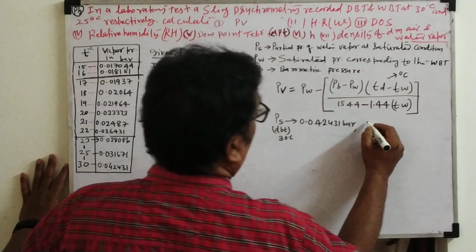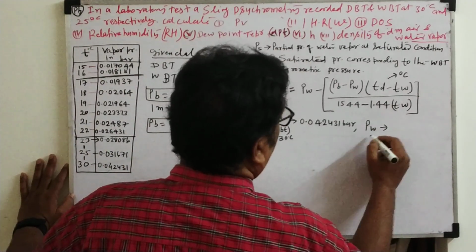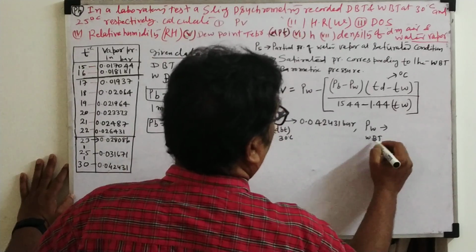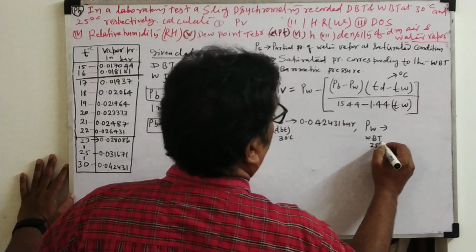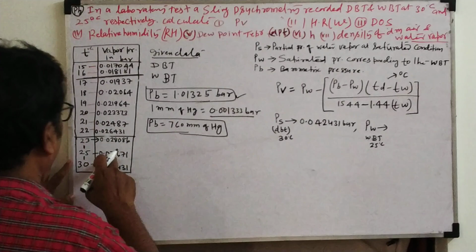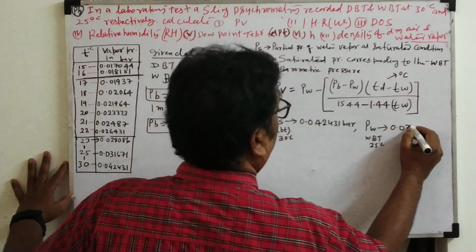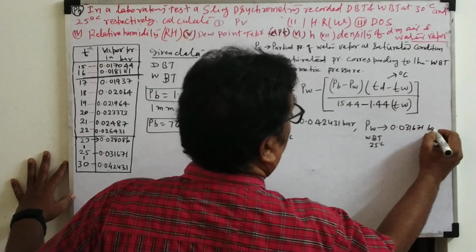Now what is PW? We take it corresponding to the wet bulb temperature, which is given as 25 degrees Celsius. From the table for 25 degrees Celsius, the value is 0.031671 bar.